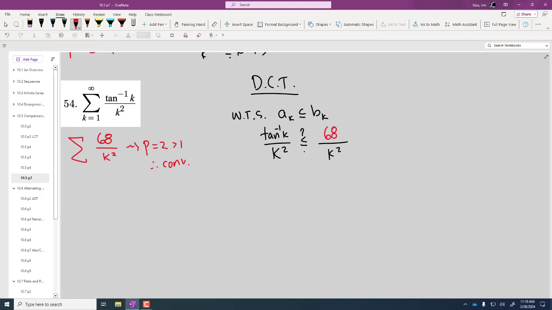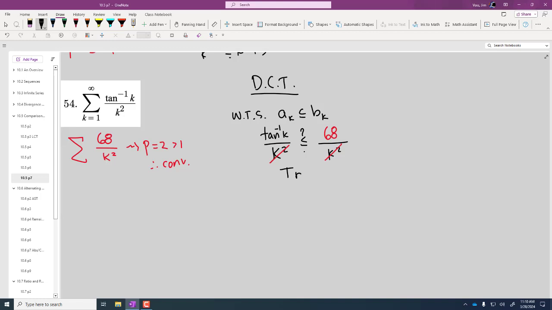So we have an infinite number of choices that would allow the direct comparison test to work really quickly. We multiply both sides by k squared, and the denominators vanish. Is inverse tangent of k smaller than 68? Yes. It's also smaller than 4 and 5 and 100 and a whole bunch of other things.